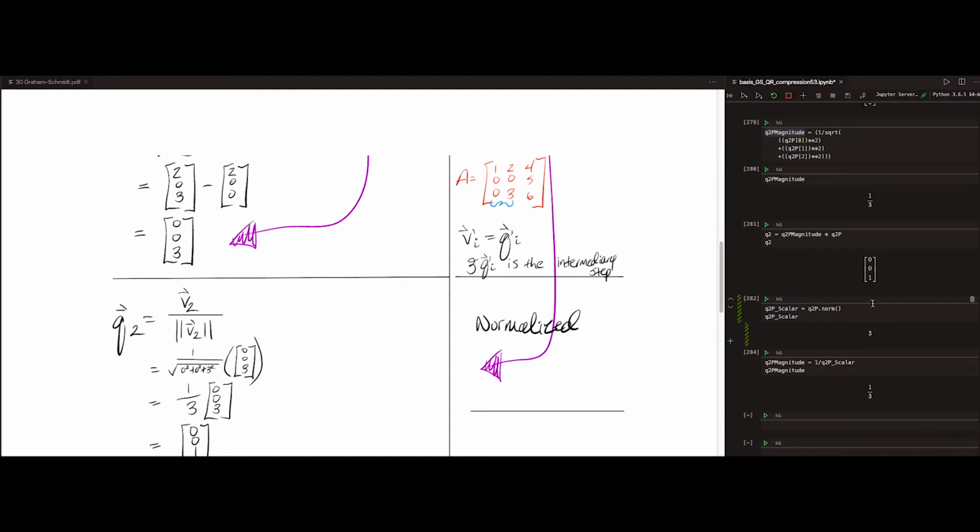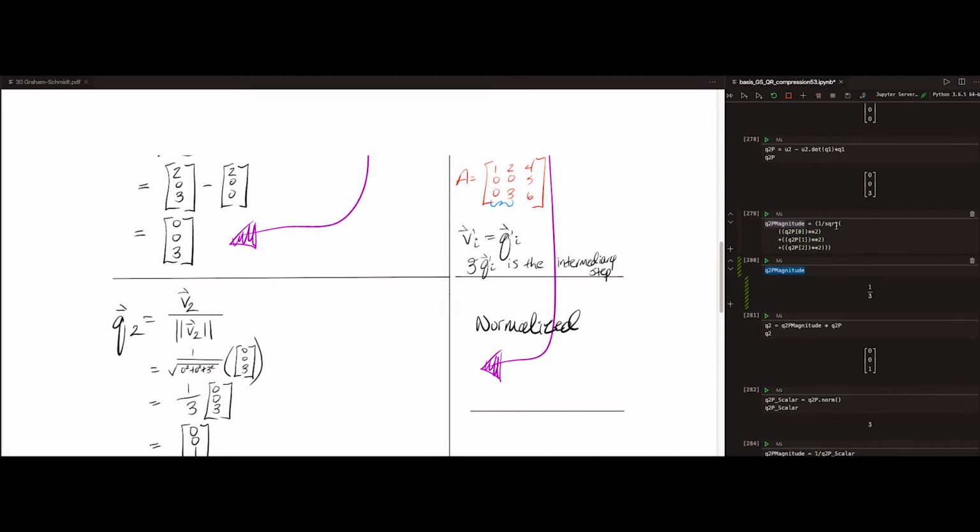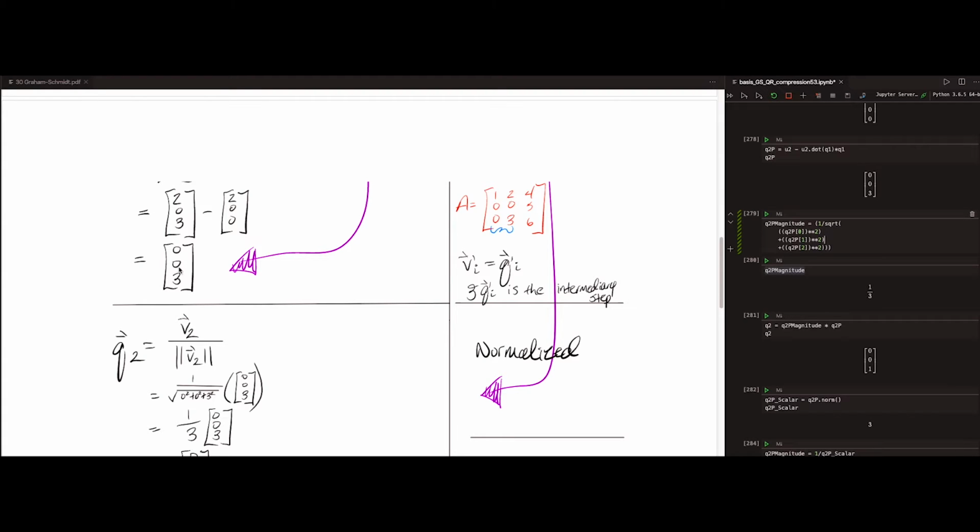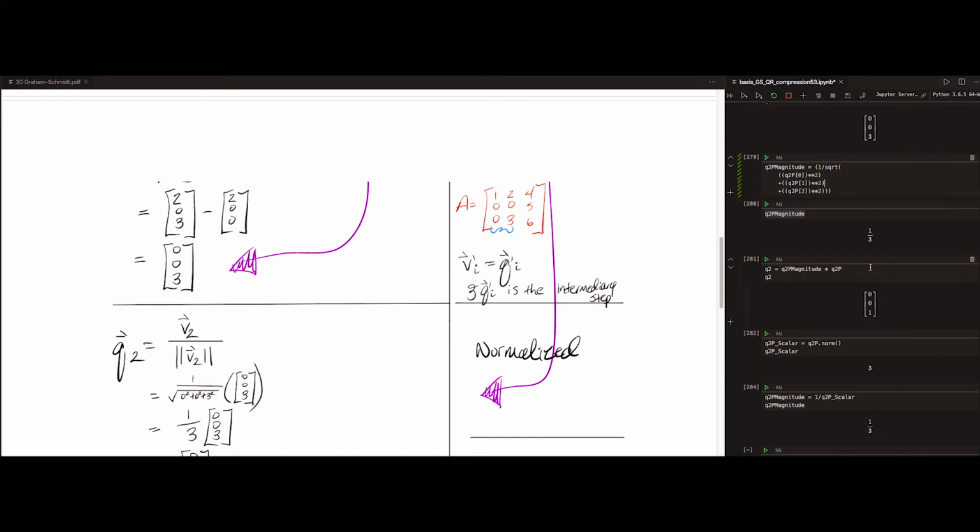This is really cool, but really what we're doing is already seeing that. It's a little bit harder to see if you don't already just know in your head that this is the square root distance formula, and to say, okay, I don't even need to really do this. This is just 0 squared plus 3 squared is 9, and then take 1/3. I've just gotten used to writing this as a vector times a scalar.